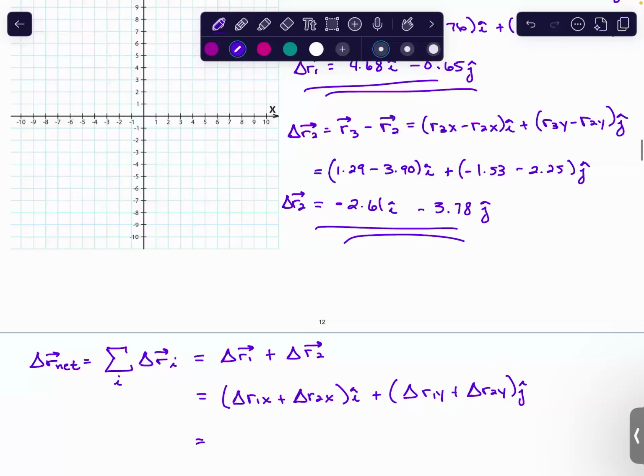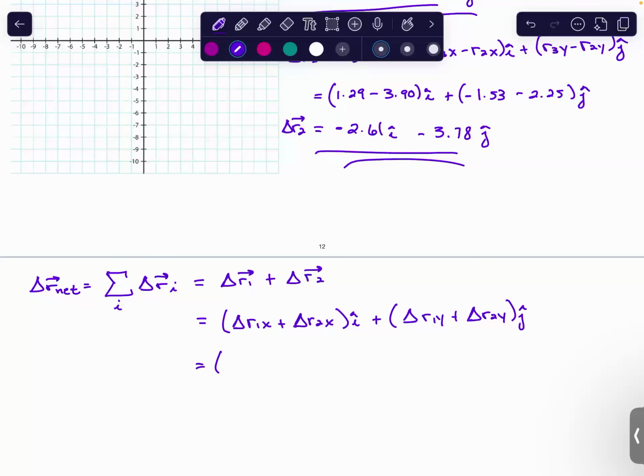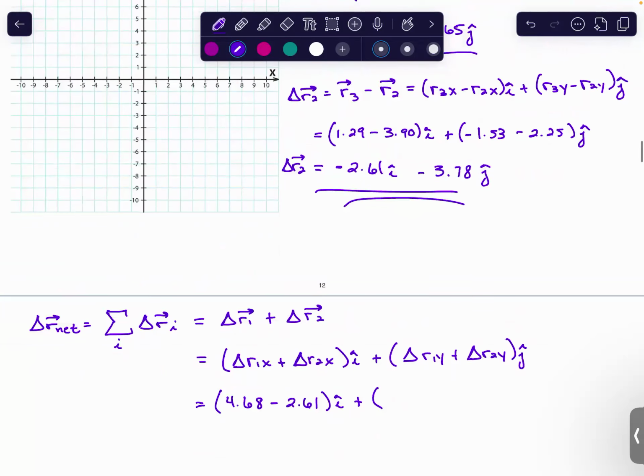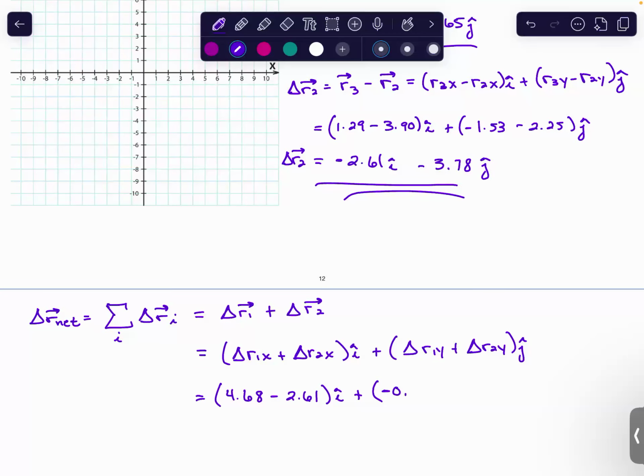So we take these components from our two displacement vectors, delta R1 and delta R2, we put them in here. So that is going to give us 4.68 plus or minus 2.61, and then negative 0.65 plus or minus 3.78.